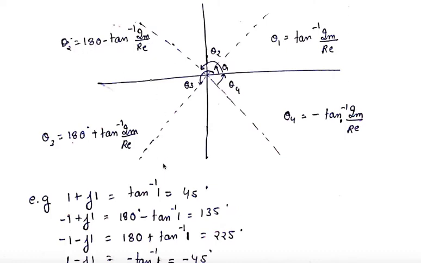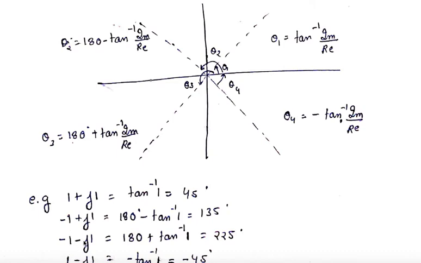So again imaginary and real we will take 1 and 1, we will not take this sign minus 1, which we have already taken into account while selecting the quadrant. In finding the tan inverse value we will not put this sign. So it will be again 1 and 1, which is 45 degrees. So 180 minus 45 degrees is 135 degrees.